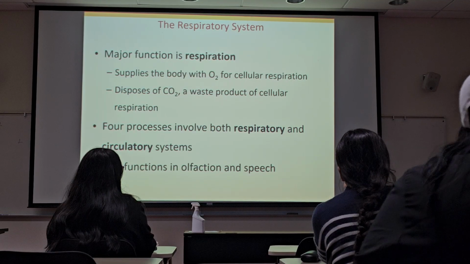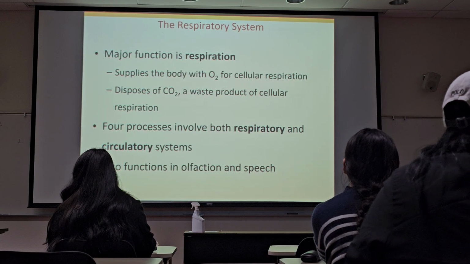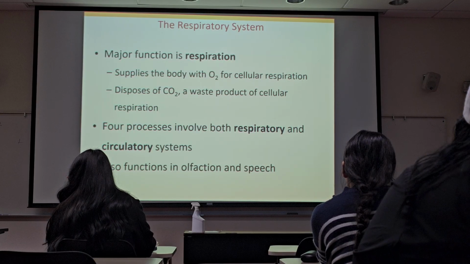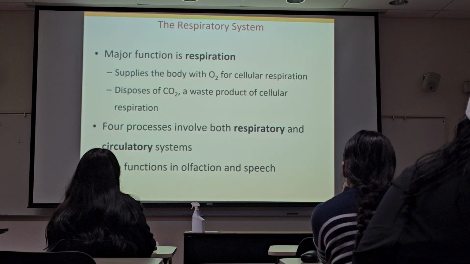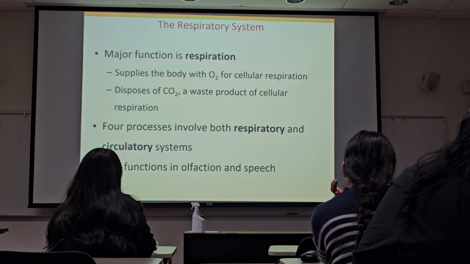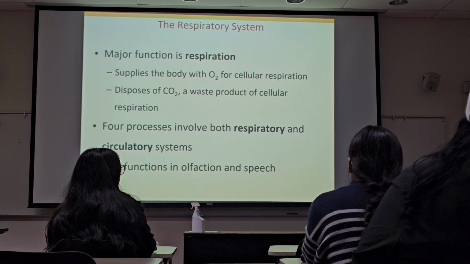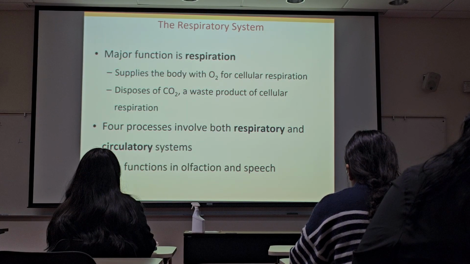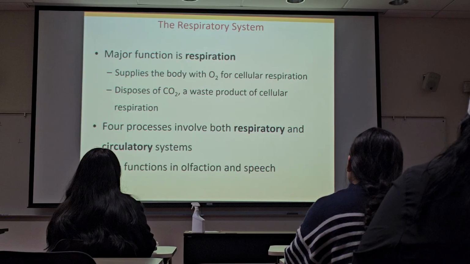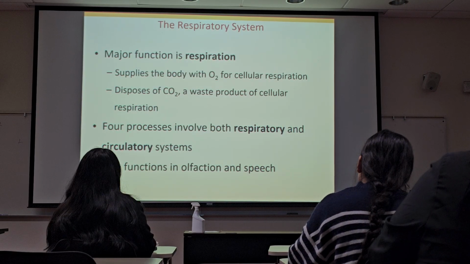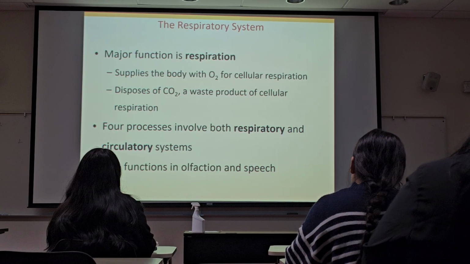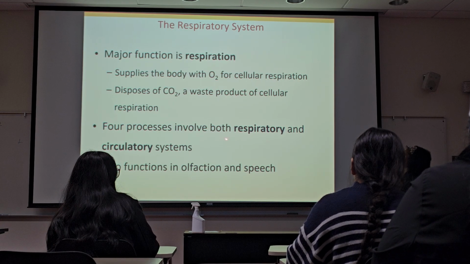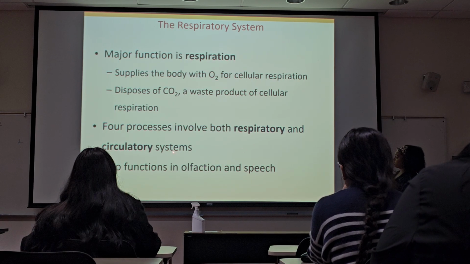While they're going through the process of making ATP, a very important energy molecule, they are producing carbon dioxide. And that's why we have to eventually breathe that out, because it's a waste product of our cells respiring. So the respiratory system is connected to the circulatory system in that way.